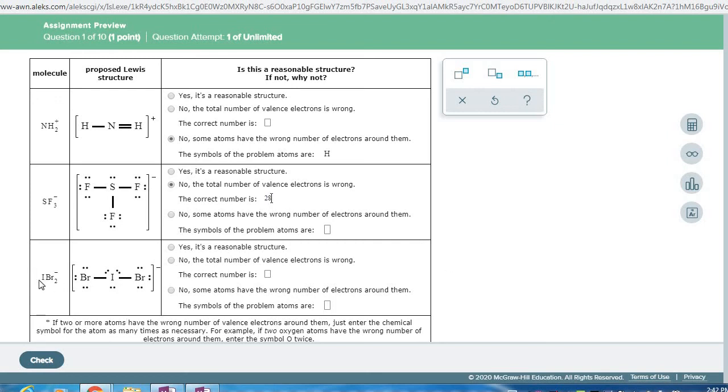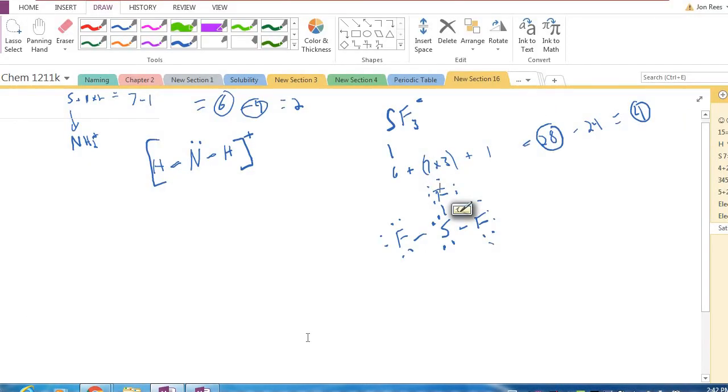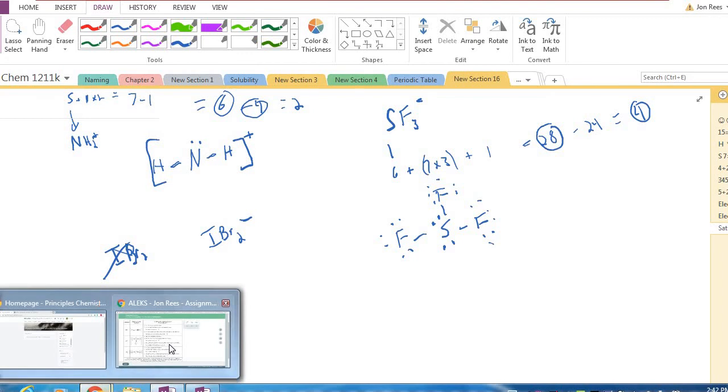Let's go down and do this one, IBr2 with a minus charge. Let me double check that is the case.